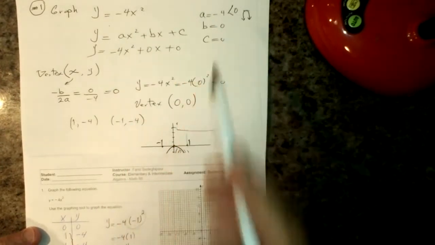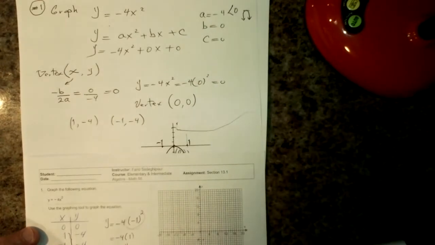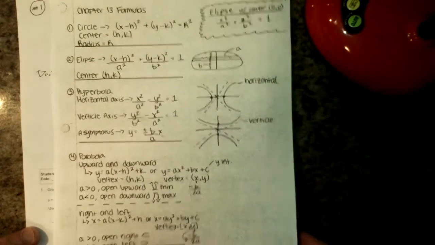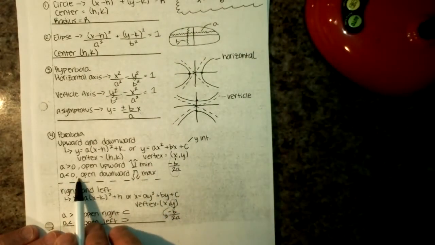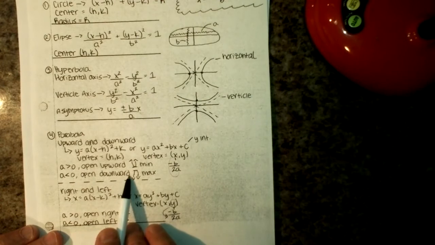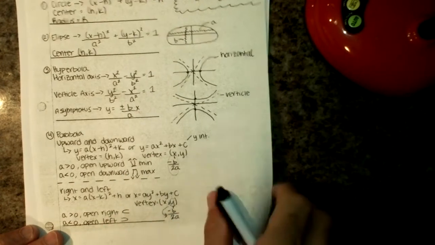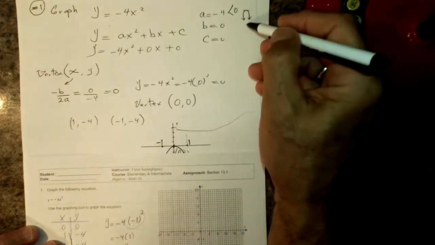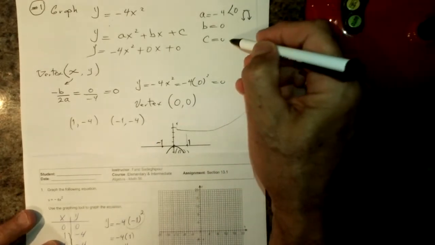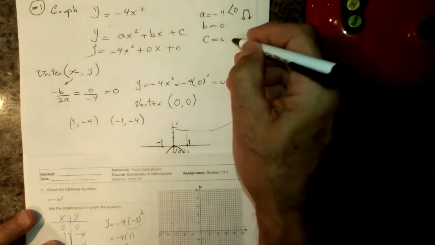A is negative. When A is less than 0, the parabola always opens downward. So we know from the beginning that the parabola opens downward. C is the y-intercept in this formula.